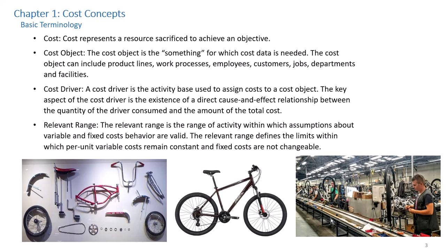The relevant range is the production levels within which our assumptions on costs will be valid. For example, our workers and facility may be able to accommodate the production of 1,000 to 3,000 bikes per month. Anything beyond that may require additional space or more employees.